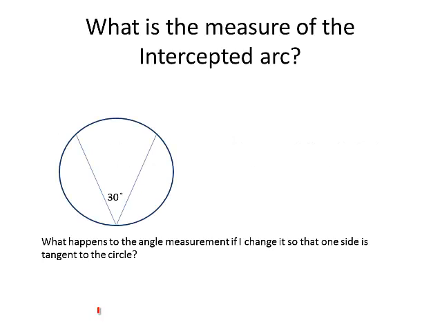So the first thing I have is relation to a previous module. I ask, what is this particular angle called from the previous module? And the correct answer is, this is an inscribed angle. And the inscribed angle has the intercepted arc here.